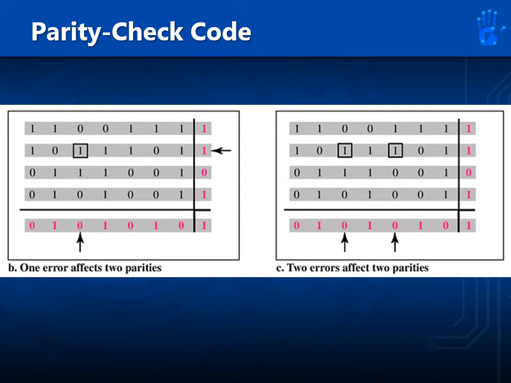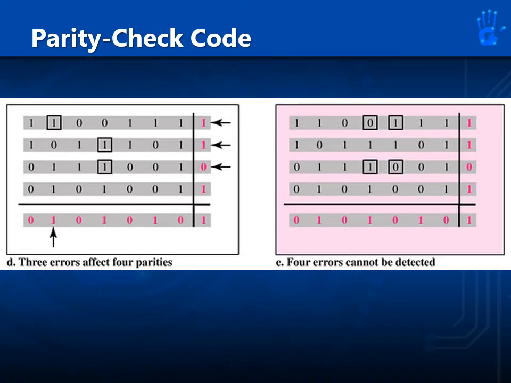When two errors occur in a single data word, two parities will be affected, but only in the column parity. When three errors occur, four parities will be affected.